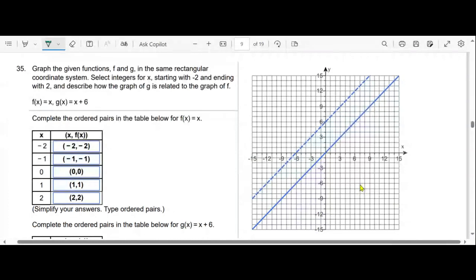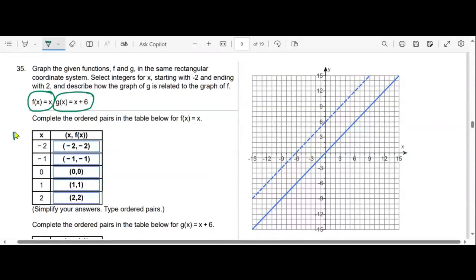Graph the given functions f and g in the same rectangular coordinate system. Select integers for x starting with -2 and ending with 2. Then describe how the graph of g is related to the graph of f. So here I have how many functions? 2 functions, right?